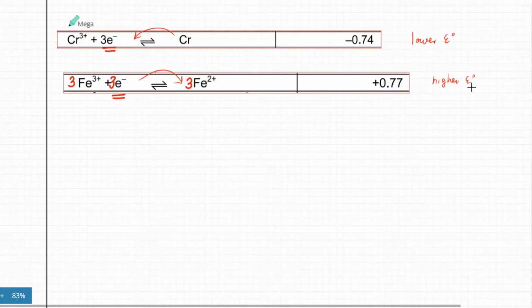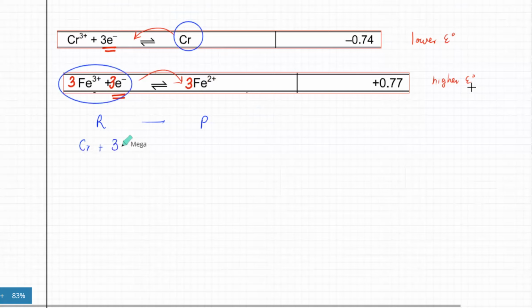And the next part is you just add up the reactants and you add up the products. The reactants in this case are, in the first one, the reactant is Cr, and in the second one, the reactants are these two. So you add up the reactants, it's going to be Cr plus Fe3+. The electrons are going to get cancelled out anyway, so I'm not going to write down the electrons.